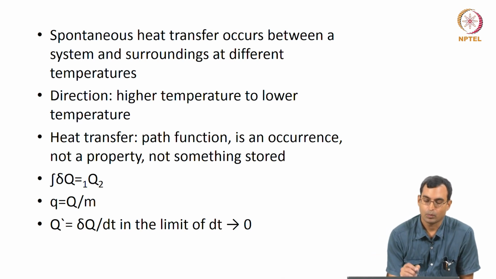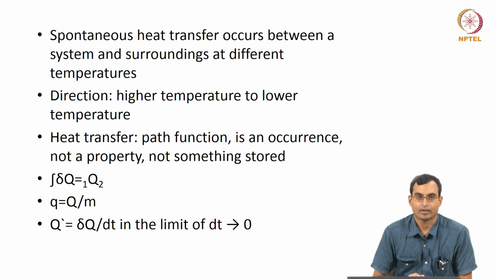When discussing work, we discussed that work is a path function. It depends on how we went from one point to another. What we will see is that heat transfer is also a path function. It also depends on what path we take in going from one state to another. It is an occurrence, it is not a property.